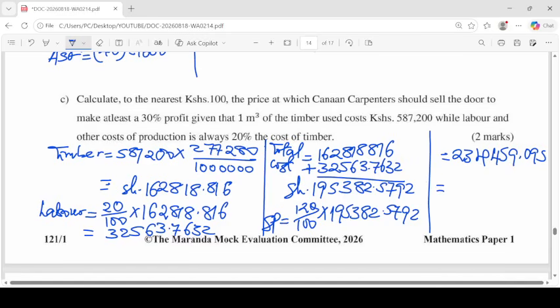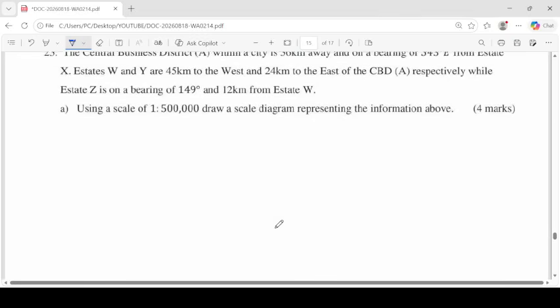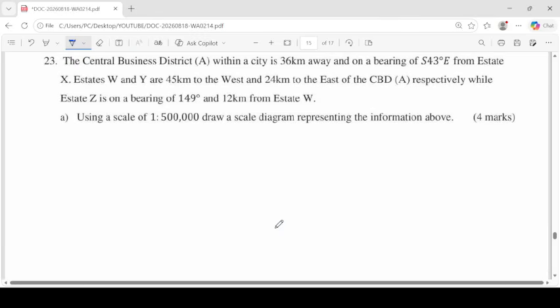So this will be 234, these ones tens, 100. This will be 234,500 Kenyan shillings. Let's have a look at question number 23.